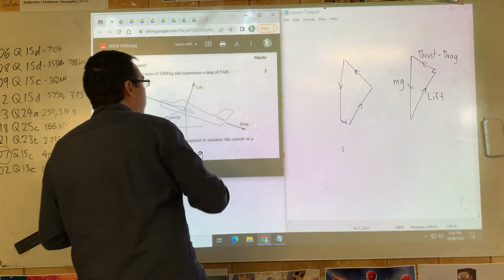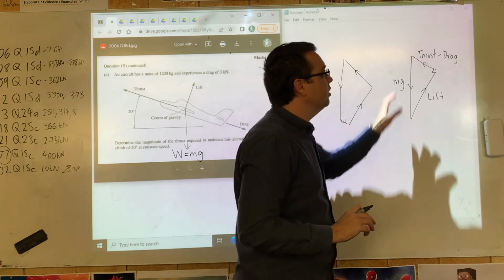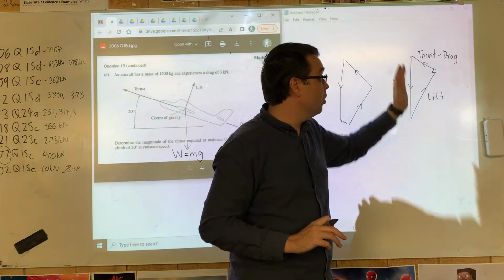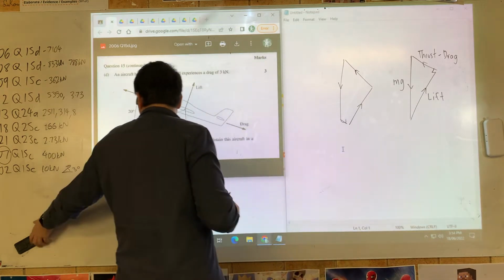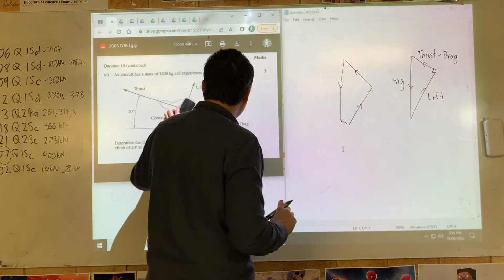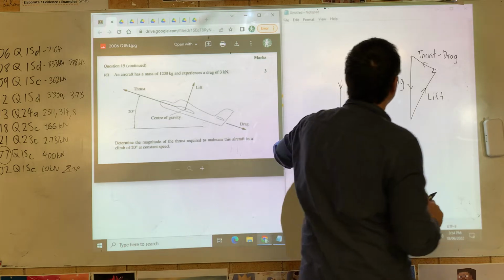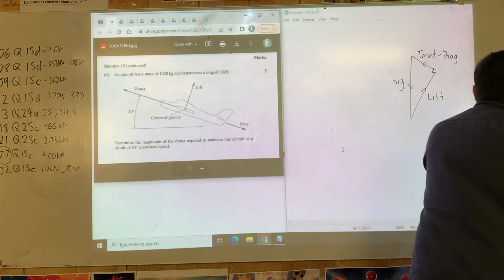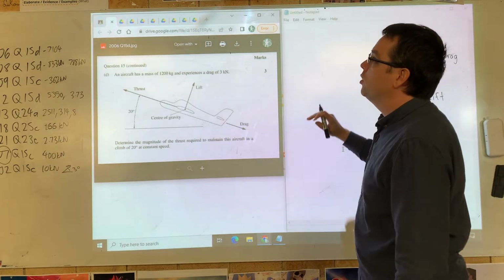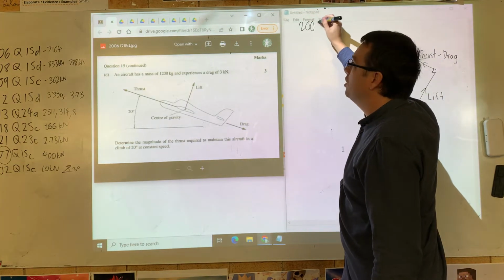But typically we're going to be looking at a plane, and we're looking at these 4 forces. All we're going to be doing is just over and over, we're going to be putting the same numbers on this triangle, and we're going to be using that to find, once we find this, we can then just calculate whatever the question's asked us to do. So without any further ado, this is the 2006 question.